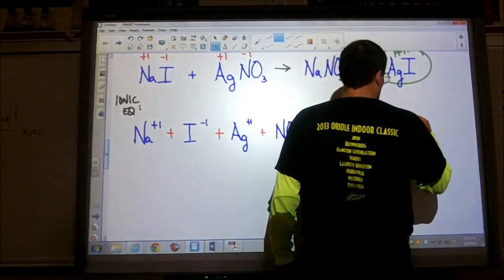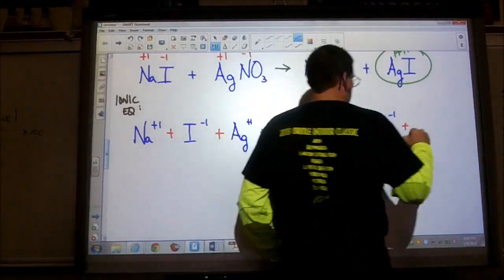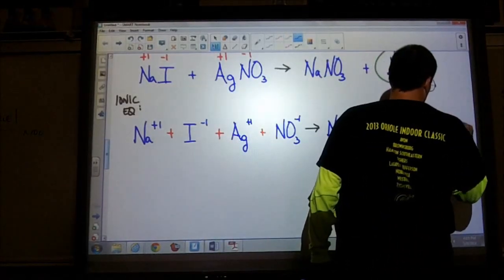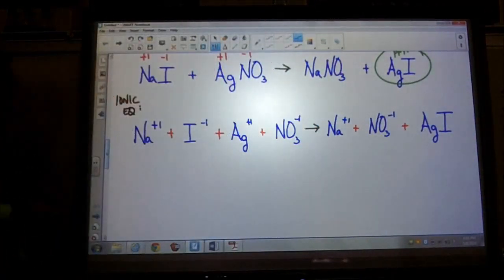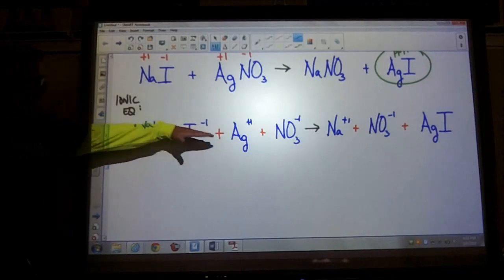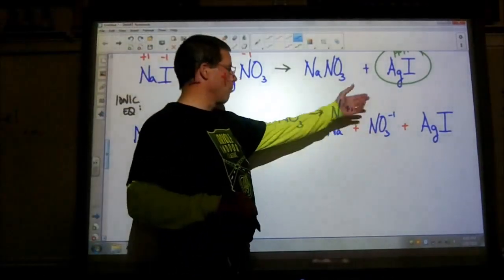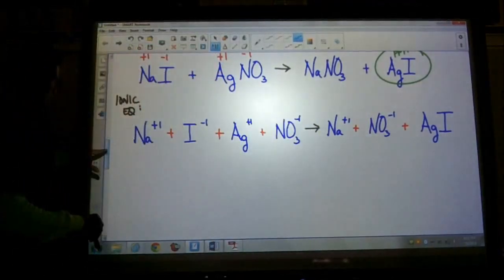And last but not least, little silver iodide, which is our PPT. We keep together, okay? So charges are listed, yes, they are ones, plus ones and minus ones, still indicated, okay?